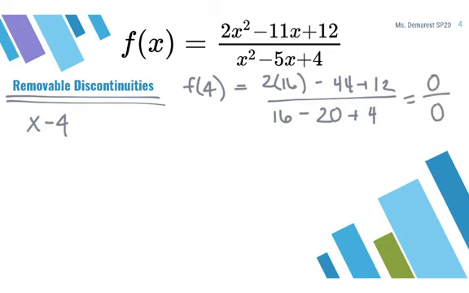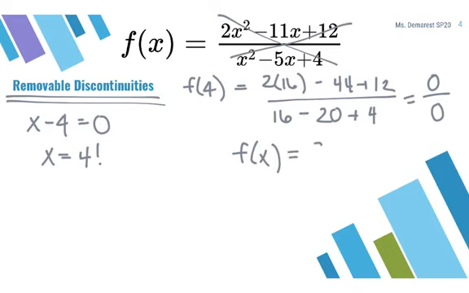That's problematic. When I plug in 4, that gives me alarm bells. So I'm not working with this function anymore. I'm working with the function f of x equals 2x minus 3 over x minus 1.